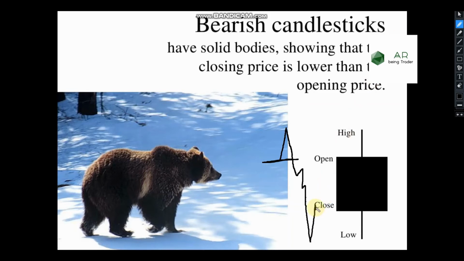And you can see here it closed here. This is completely a body, and these are the wicks, lower wick and upper wick. This is how the red candle, or bearish candle, or black candle will form.